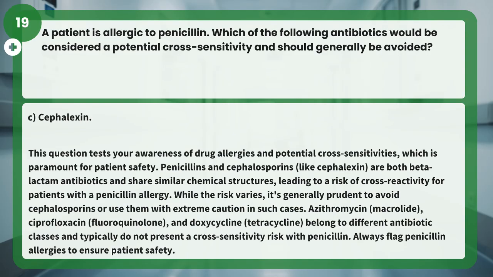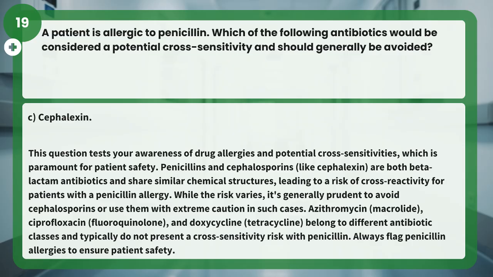Answer C. Cephalexin. This question tests your awareness of drug allergies and potential cross-sensitivities, which is paramount for patient safety. Penicillins and cephalosporins, like cephalexin, are both beta-lactam antibiotics and share similar chemical structures, leading to a risk of cross-reactivity for patients with a penicillin allergy.